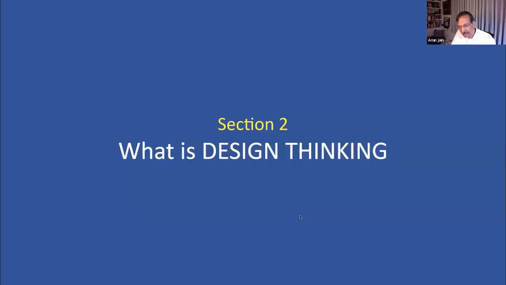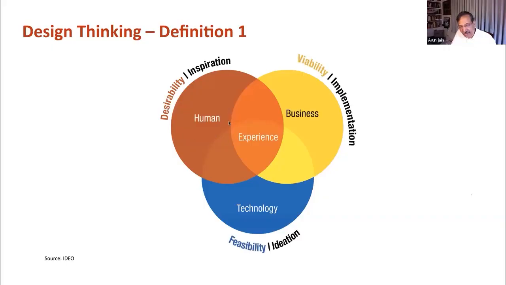Let me take it from here: what is design thinking? Design thinking is about human desirability. The beneficiary has a desirability: he wants preventive health, he wants well-being. Now, what is the technology which makes it feasible? All the systems of medicine and their knowledge systems are technology available to us.